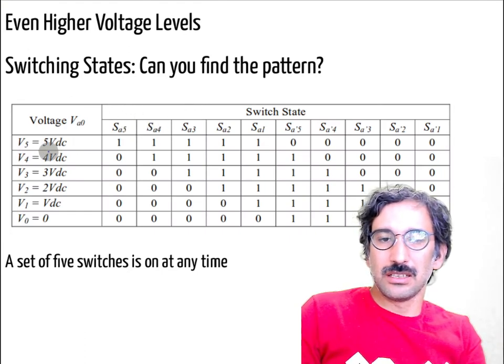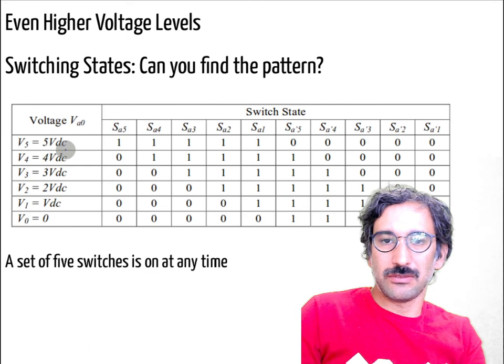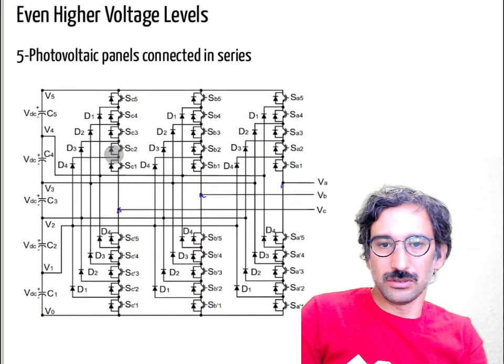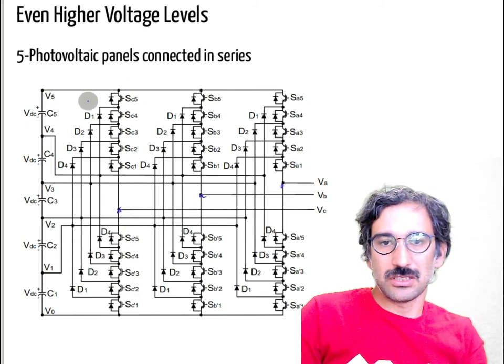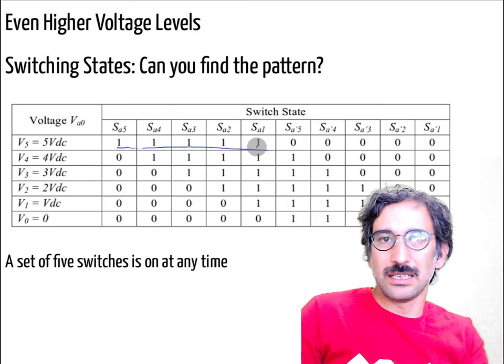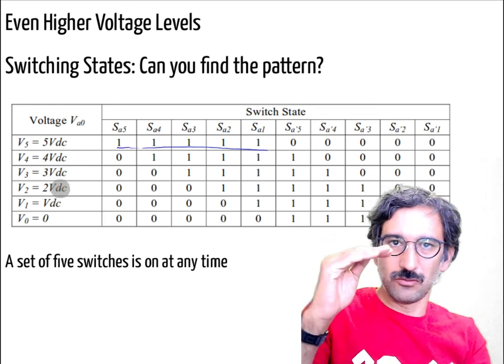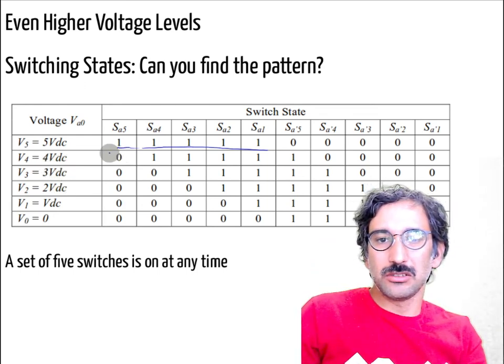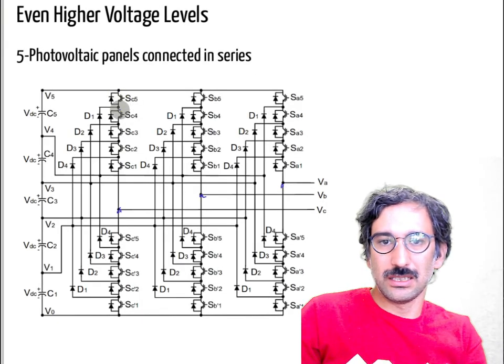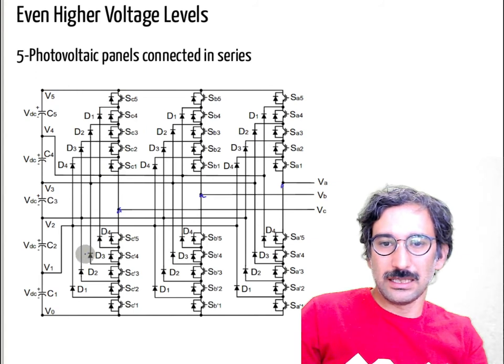In order to give the maximum voltage level, 5 VDC, I need to turn on all the top switches and turn all the bottom switches off. So it is like an H-bridge: the bottom switches are off, top switches are on. Then for the next voltage level, 4 VDC, I need to turn off the highest switch, so the remaining ones will be on, and for the complement, I need to turn on that one.